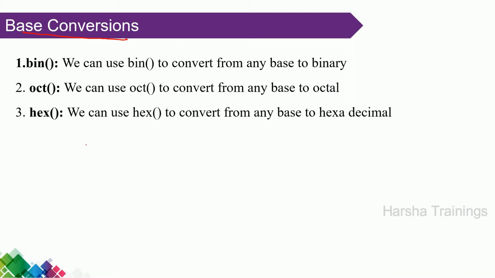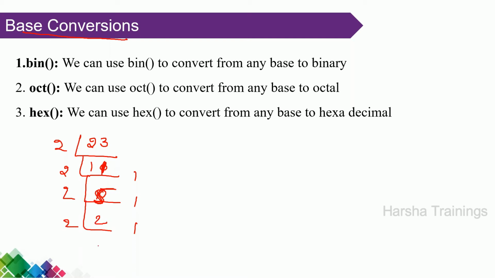The general procedure, without using any mathematical functions: two 11s are 22, the remainder is 1. Two 5s are 10, the remainder is 1. Two 2s are 4, the remainder is 1. Two 1s are 2, the remainder is 0.